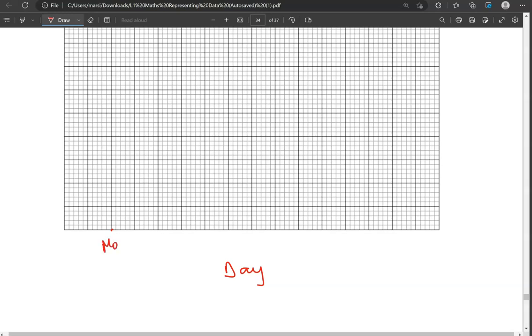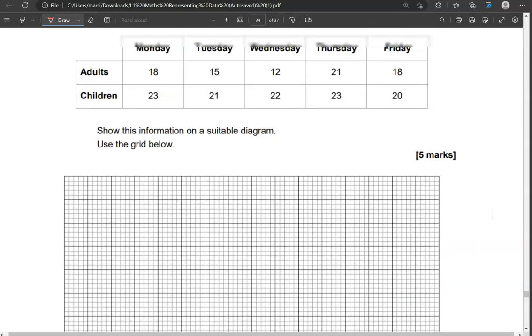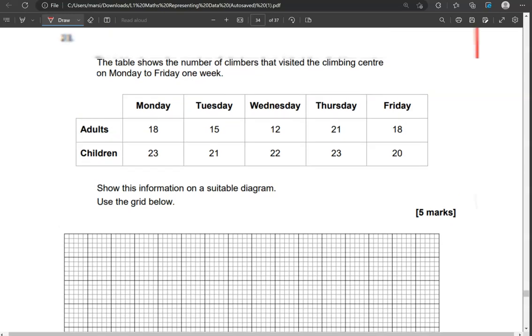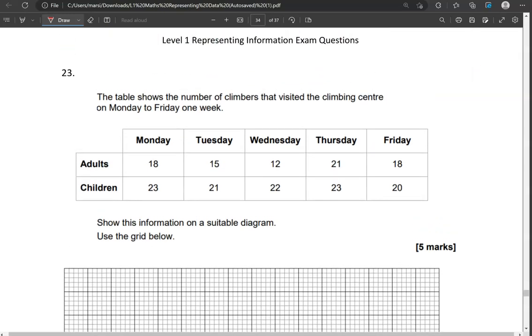So Monday, Tuesday, Wednesday, Thursday and Friday. We've got the highest number per day, that's probably on Thursday, so that goes up to 44.